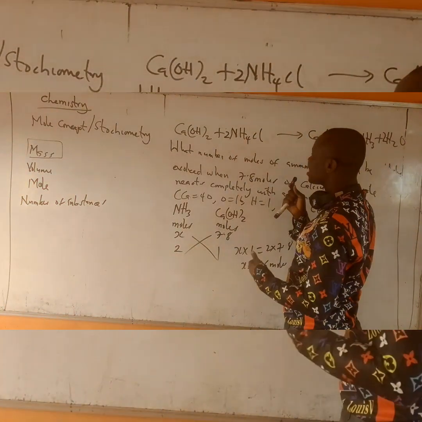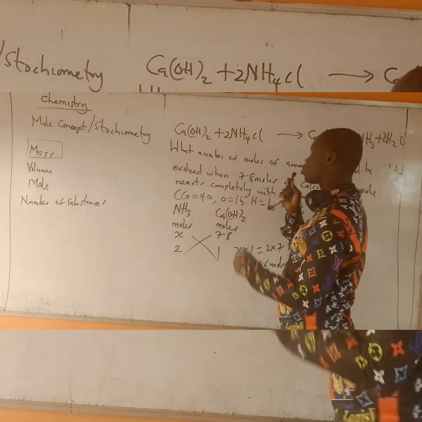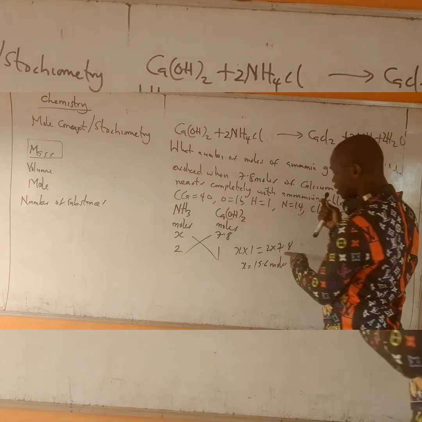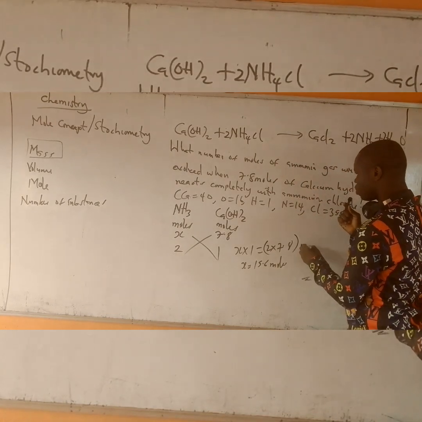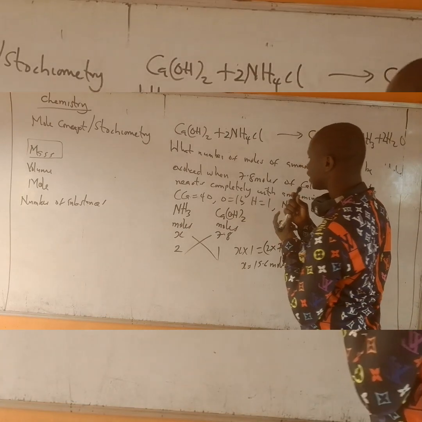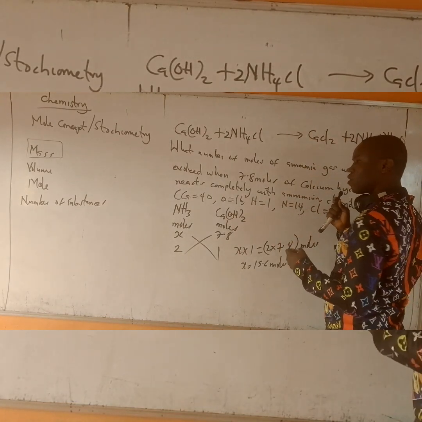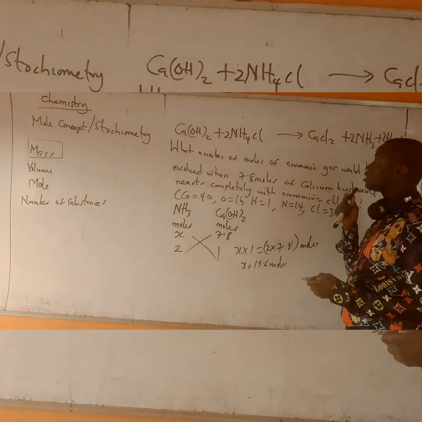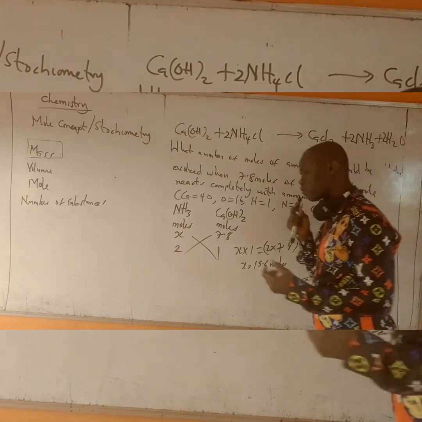Therefore, 7.8 moles of calcium hydroxide will react completely with ammonium chloride to produce 2 times 7.8 moles of ammonia gas. Therefore, the number of moles of ammonia gas produced is 15.6 moles.